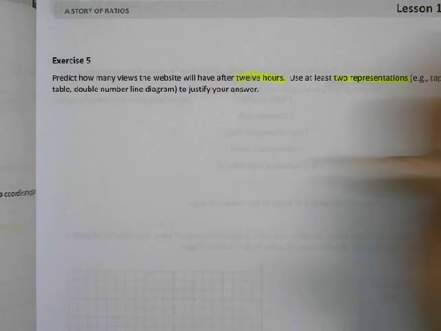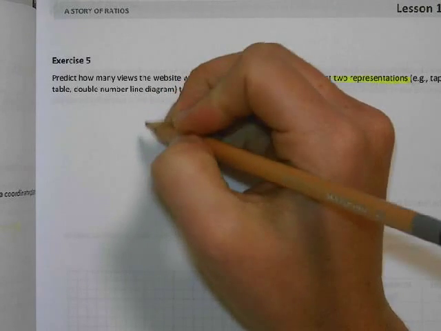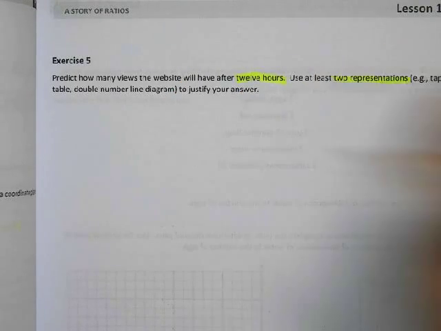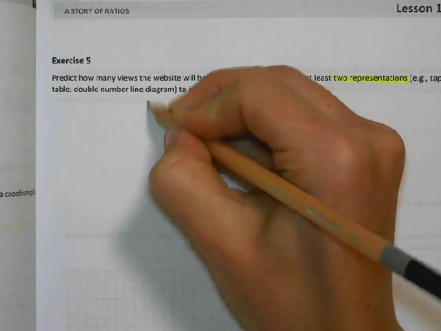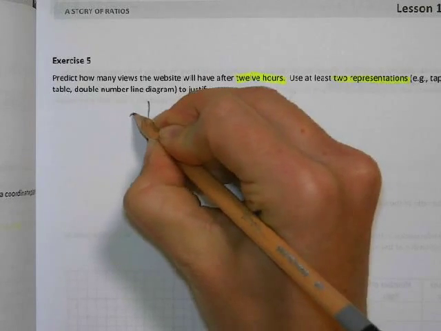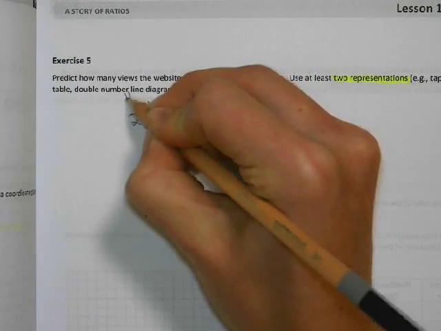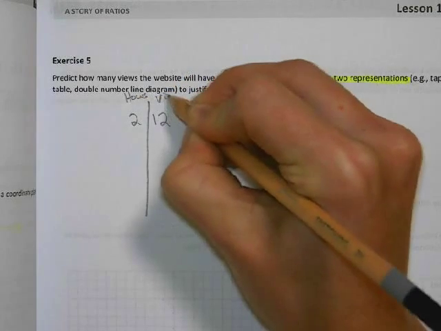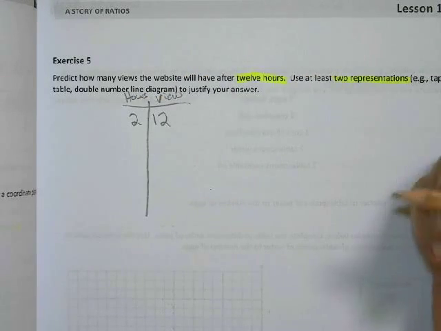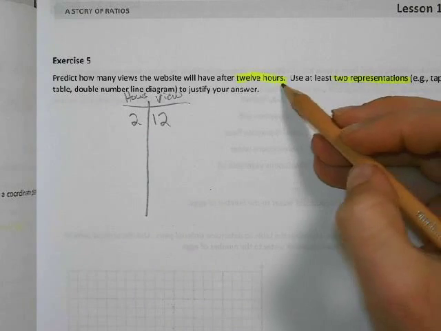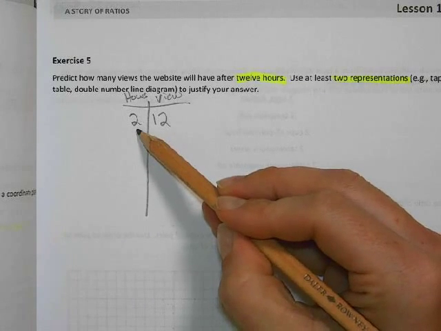So I'm going to first use my ratio table, because I think it's easiest to count there. And my ratio they gave me in the problem was 2 to 12. So this was hours after and number of views. Luckily, 12 hours, I can count by 2s to get to my 12 hours.